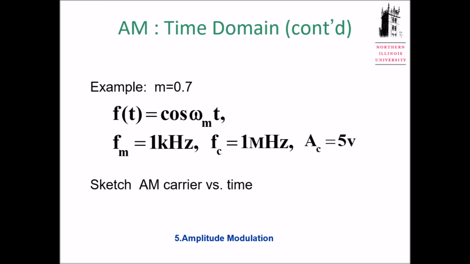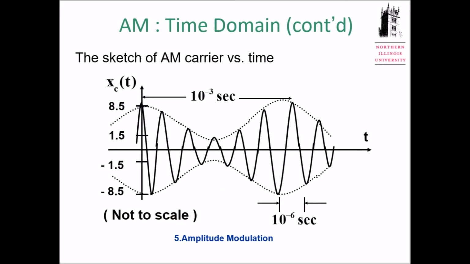Okay, first of all, we know my envelope will be my message, right? So my envelope, this dotted line, is a sinusoid. Inside it is always a cosine, cosine omega_c t. So inside this envelope, I have my carrier. They have different frequencies based on the given message.